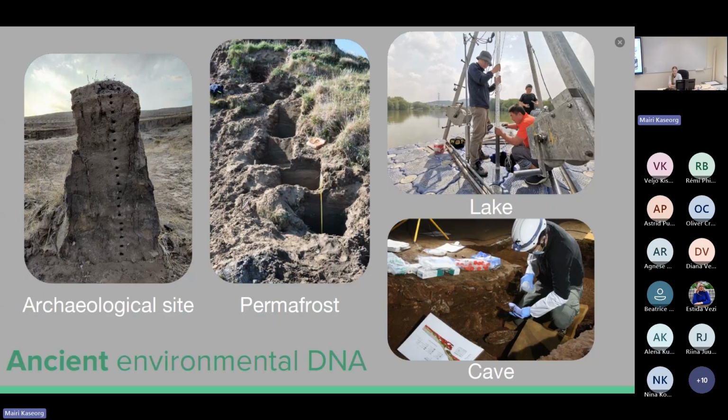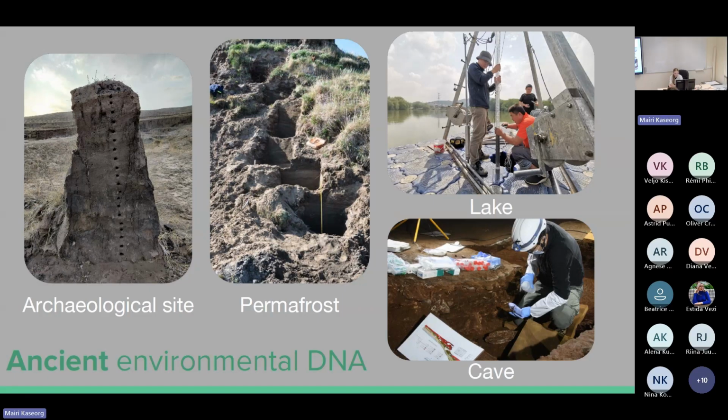But then, since the focus here is on ancient environmental DNA, the selection of sources is a bit more limited. The idea is that the source location needs to be protected from modern contamination. So it can be an archaeological site which is underground and protected from the modern environment by the top layers of sediment.